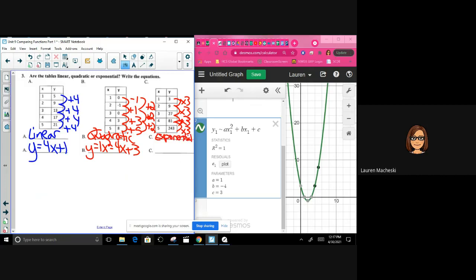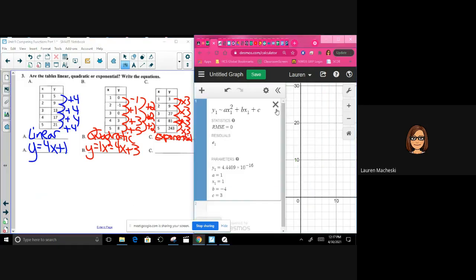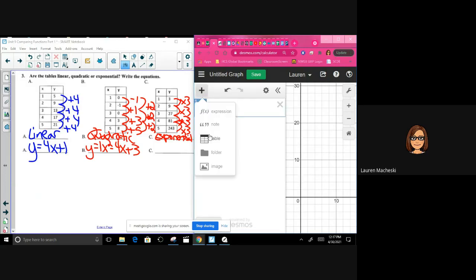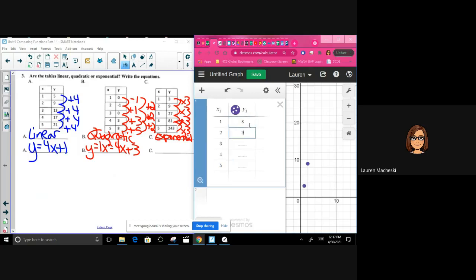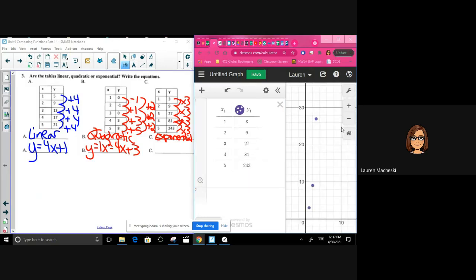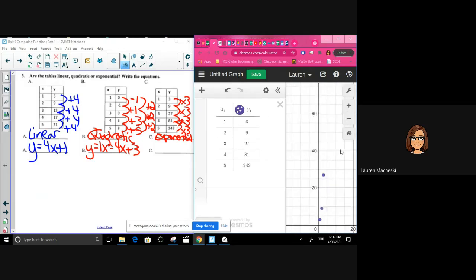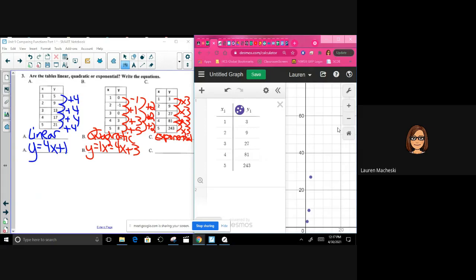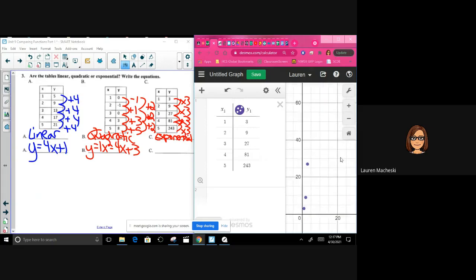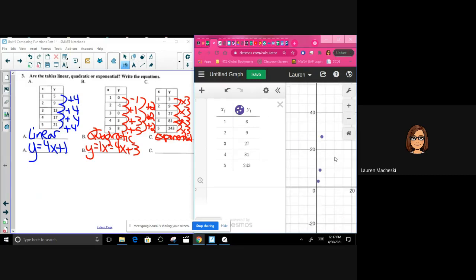So let's go ahead and put it in our calculator. Then we'll tell our calculator to write an exponential function. Clear out what you got. Add a table. Put your new points. It's a little bit harder to see with this one that it's going to be exponential, but you could tell from the table.